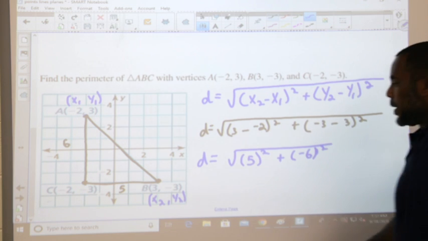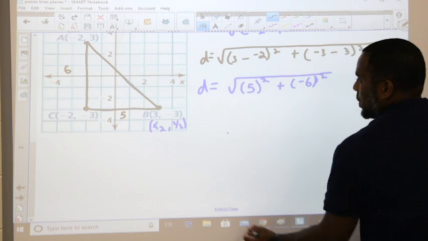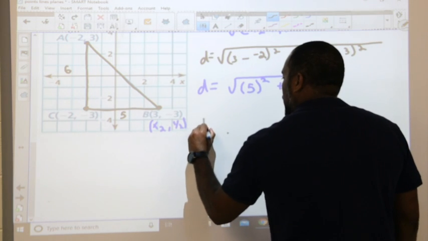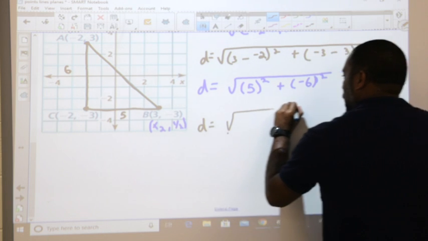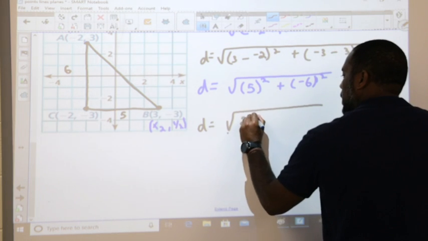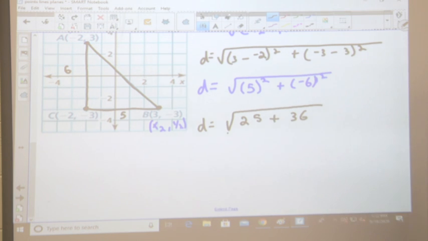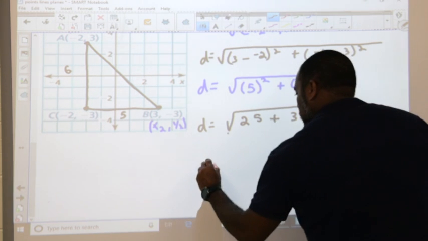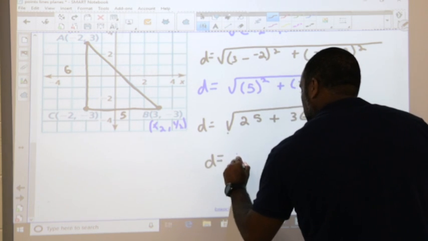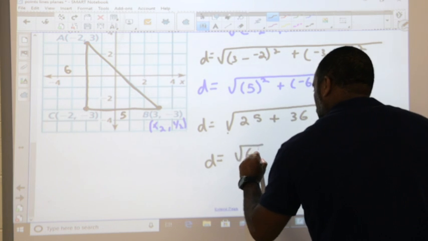And that brings us to D is equal to the square root of 25 plus 36. When I add these two numbers together, that gives me D is equal to the square root of 61.